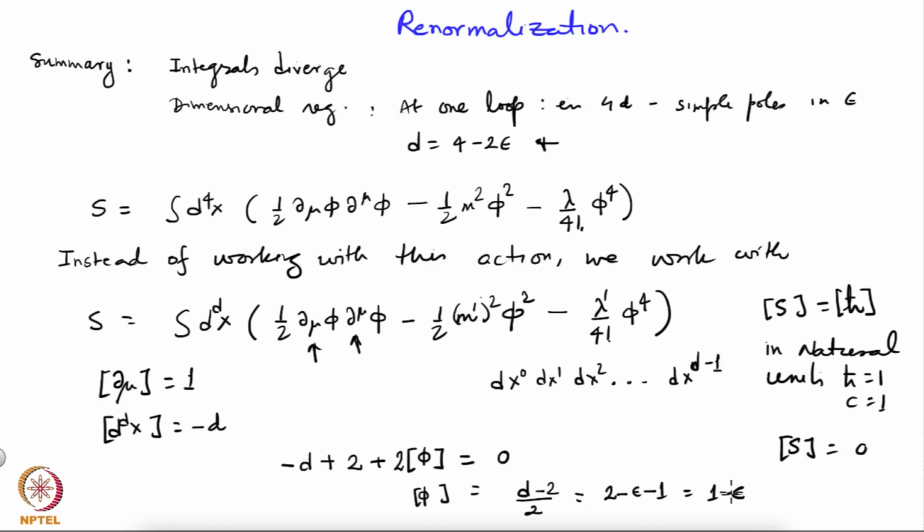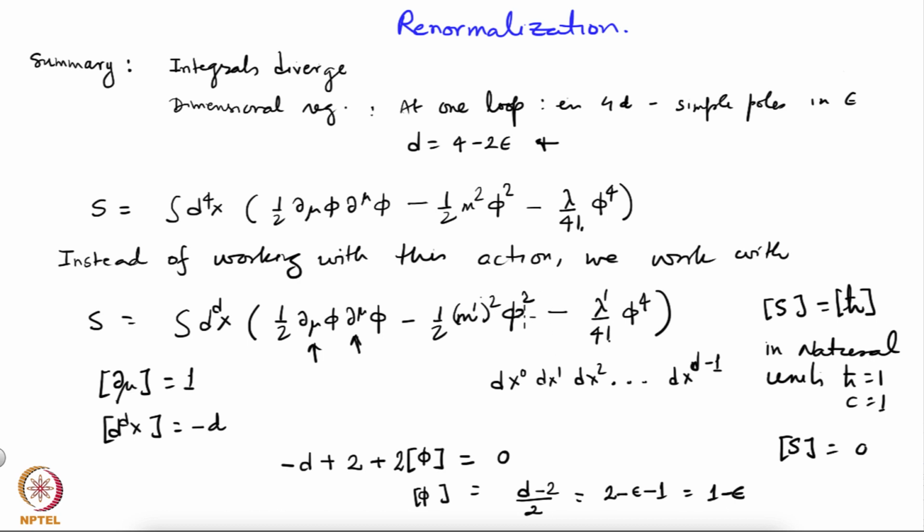Let us now find out the mass dimension of m. Again the same exercise: m prime, you will find that this is 1. Let's check how. The mass dimension of phi is d minus 2 over 2, and phi square is here, so it is d minus 2 because of 2 factors.